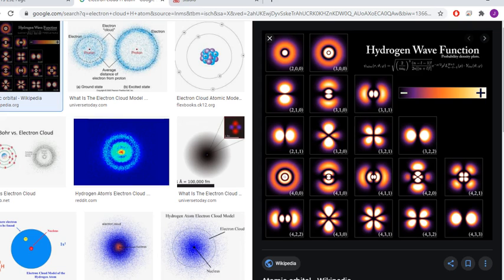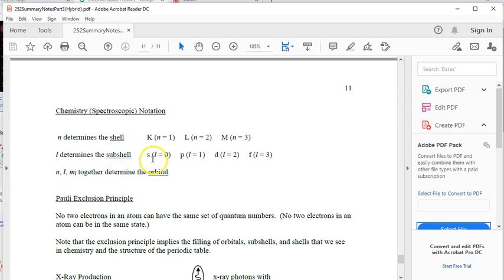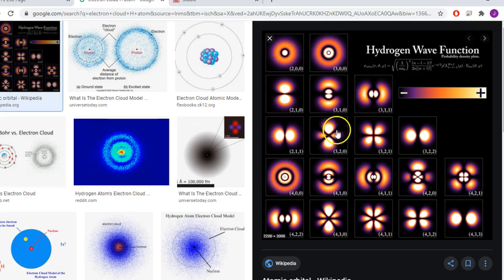The s shells. So going back to here, s is l equals 0. Those subshells are spherically symmetric. They're spherical subshells, so if l is 0, there's no angular dependence on the probability of locating the electron. If I go back to these pictures, here's a 2, 0, 0 orbital, actually.